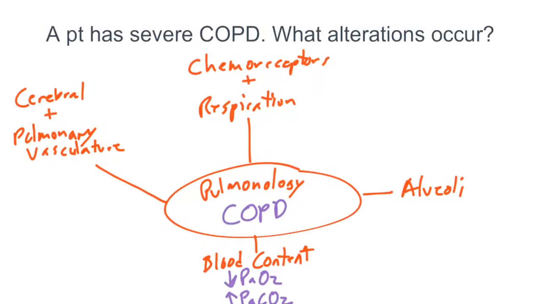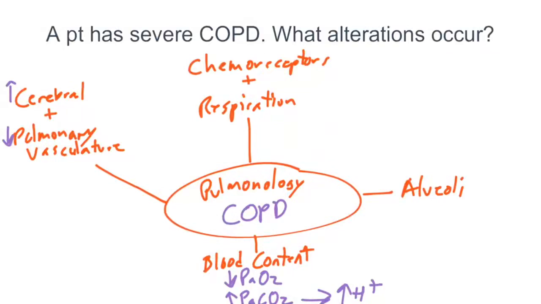This increased CO2 would cause increased acid content, and together they would dilate the cerebral vasculature. And the high CO2 with the low oxygen would actually cause constriction of the pulmonary vasculature. As discussed previously, hypoxemic vasoconstriction would cause more blood to flow to well-ventilated regions of the lung.